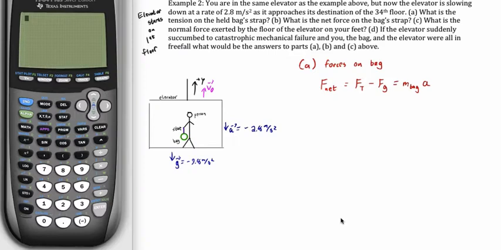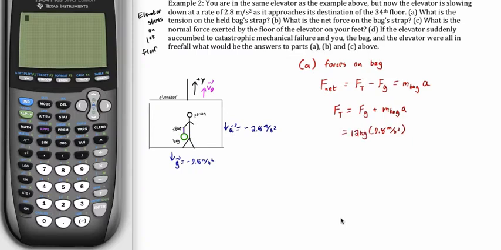Okay, so then we're going to go ahead and solve for the tension force. The tension force is just going to be the gravitational force plus the mass of the bag times acceleration. Now let's plug in some values here, because we have m times 9.8 meters per second squared. We are given the mass of the bag in the previous part of the problem, and it's 12 kilograms.